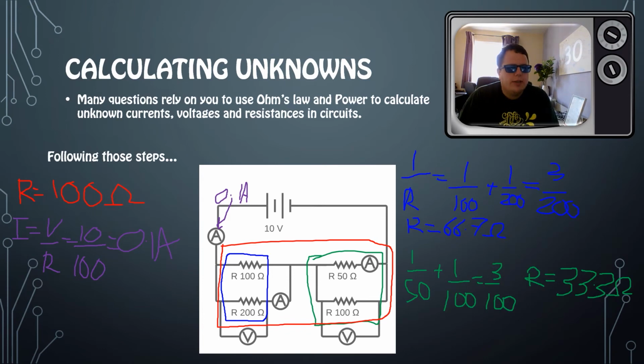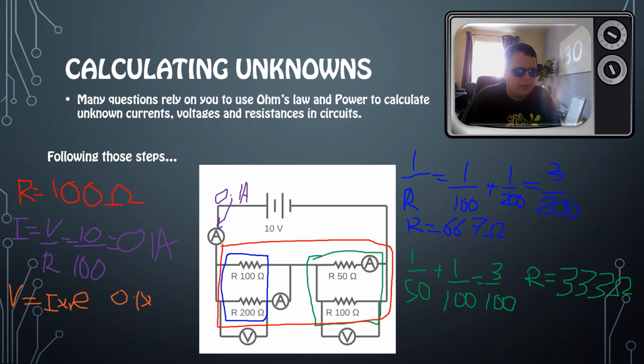Okay, so the next easiest bit to work out are the two voltages here and here. Now remember we said voltage will split by the resistance. So we just use Ohm's law in each case. We do V equals I times R. So for this first one, it's going to be our 0.1 times what the resistance of these two together is.